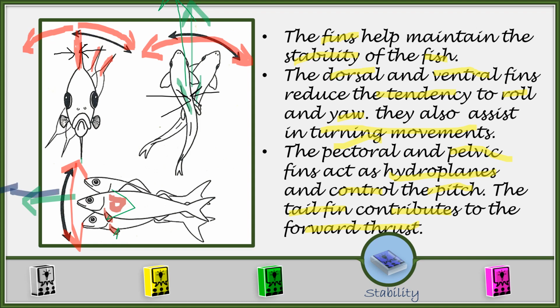But if there is pitching, it will be as if the fish is moving in that direction or in that direction. So the pectoral and the pelvic will control the pitching. And then we have the tail fin. The tail fin, this one behind, is also going to provide a thrust which is going to push the fish to go in front.